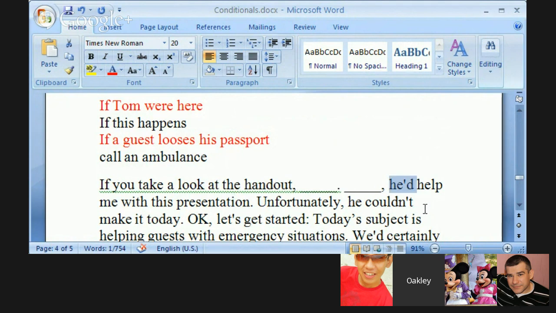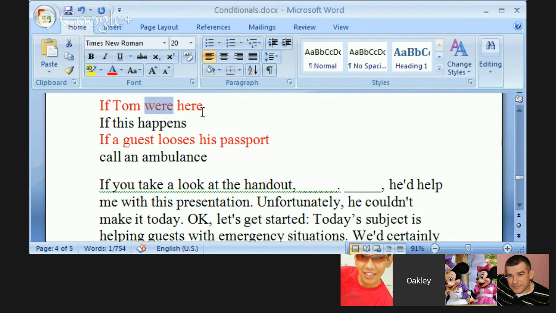Notice the use of the contraction he'd. Obviously, this is the contracted form. The full form is he would help me with this presentation. So if Tom were, notice we're conjugating were with Tom here again. So this is the second conditional.